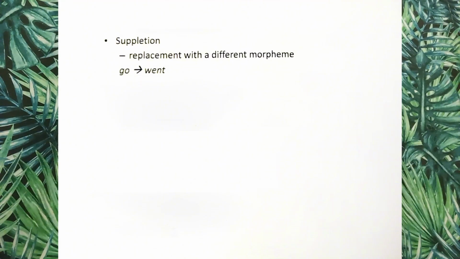So what does it mean? Let's talk about the word allomorph in the definition of suppletion. An allomorph is a variant form of a single morpheme that is phonetically distinct, but has the same meaning and function.